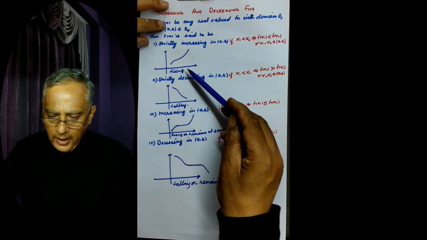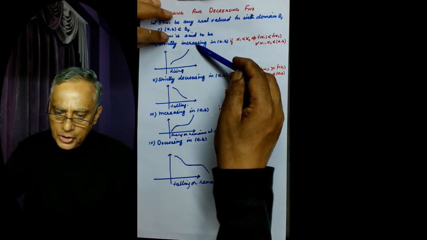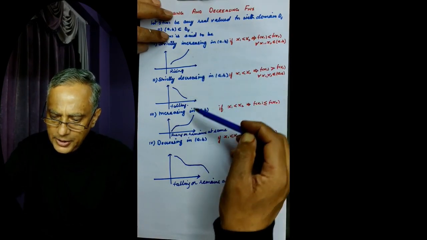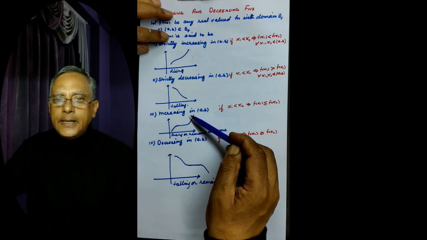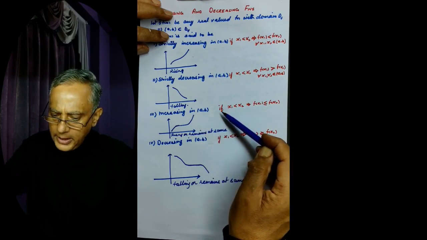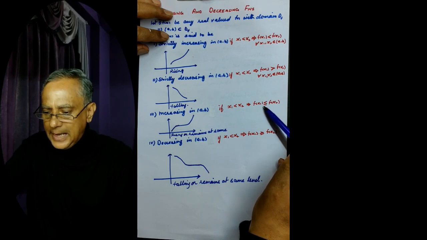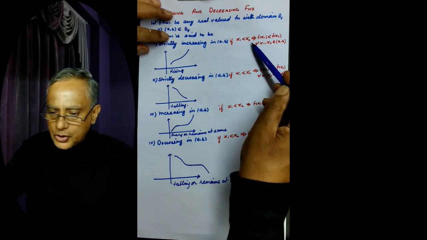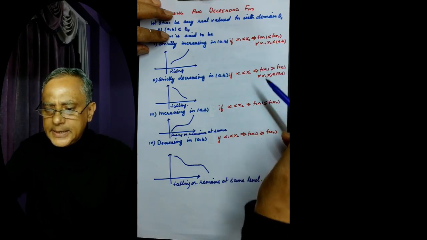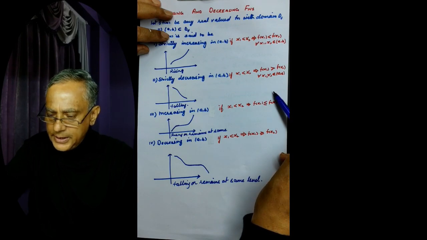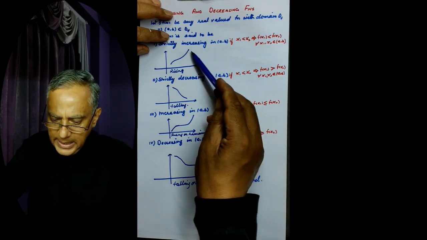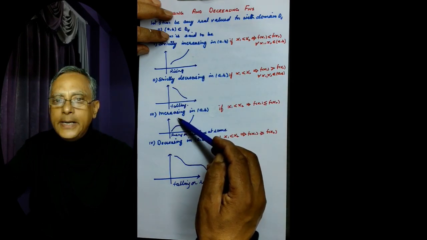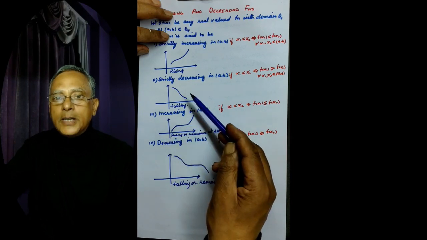So what we observe is that a strictly increasing function is also monotonically increasing, because for a monotonically increasing function it must be less than or equal to, and for strictly increasing functions it is less than. So this condition is satisfied. A strictly increasing function is also an increasing function, but the converse is not true.